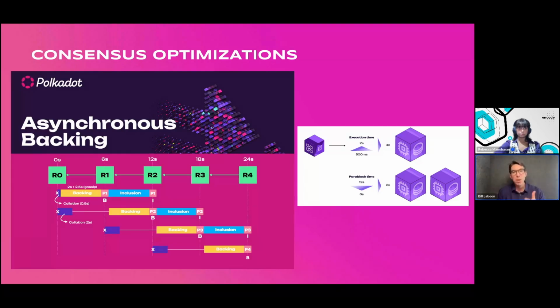Essentially, we can start building on this block before the inclusion has occurred. And so it's asynchronous. We already start building on it while the relay chain is validating it. In the vast majority of cases, 1 relay chain block, 6 seconds later, everything goes on, but you've already been producing the block and you're ready to go. And so you can produce blocks every 6 seconds.